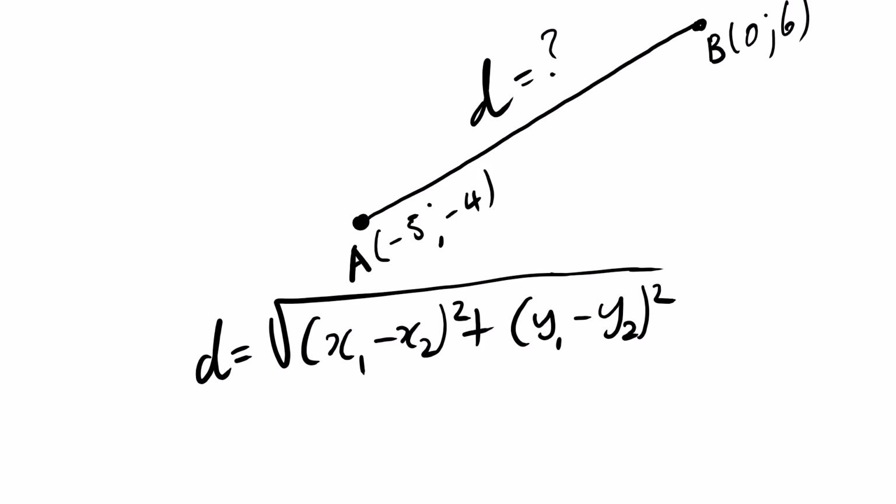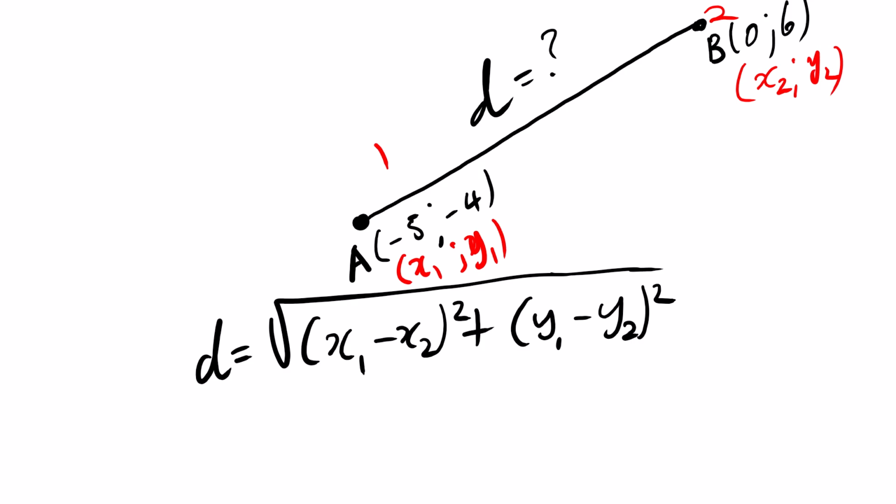So point A, we can refer to it as point 1, and then this will be our point 2. If this is our point 1, it means we have (x1; y1). Remember, a point is made up of x and y coordinates, so (x2; y2).